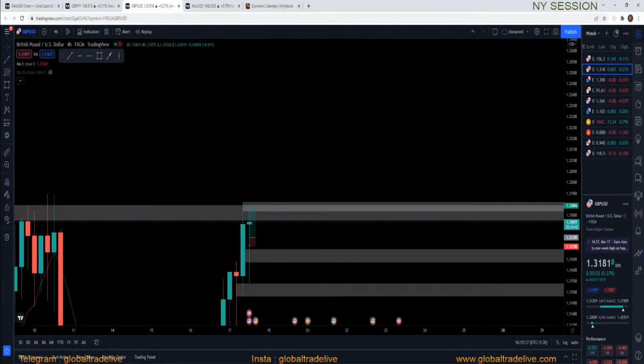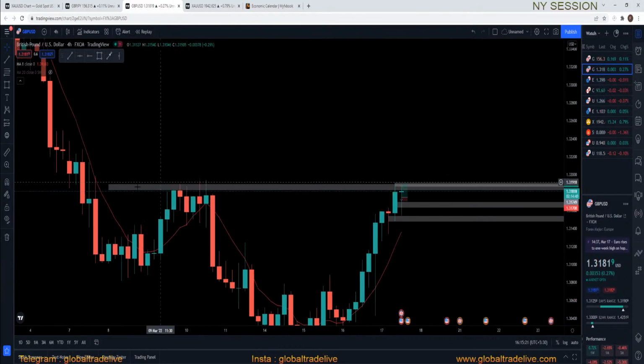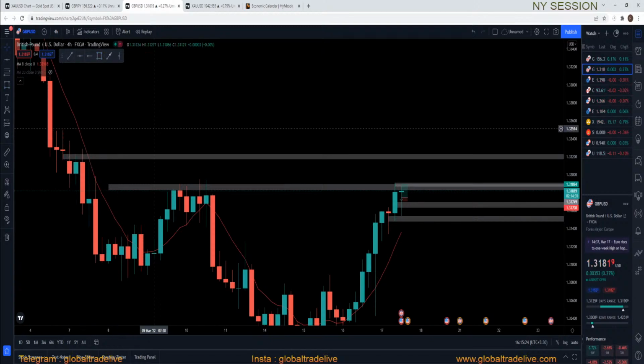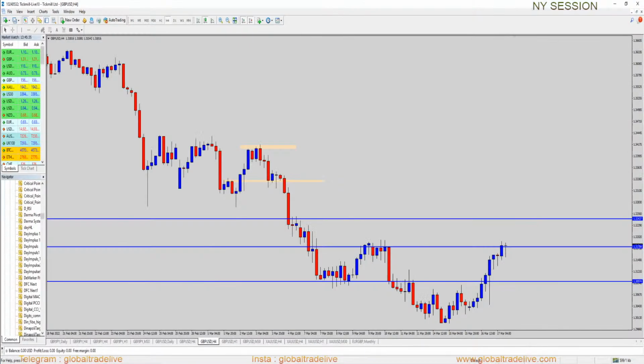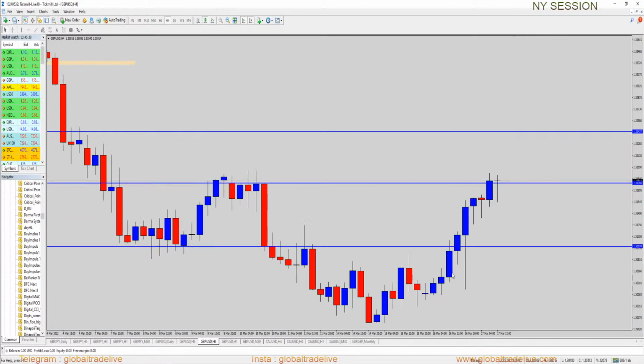According to me, if it starts to move up, this should be the area we should be looking for, because we have this clean range over here, and if we look at the left, the candle can fill this clean candle by going all the way up in this area. On this chart, I have plotted a resistance in this area, and the previous 4-hour candle just closed above that area.